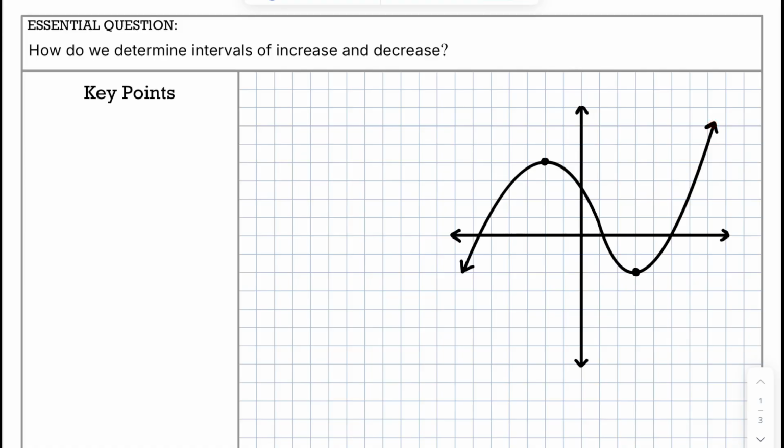then keeps going. So the biggest thing to remember with intervals of increase and decrease is that the intervals always go from left to right along the x-axis.